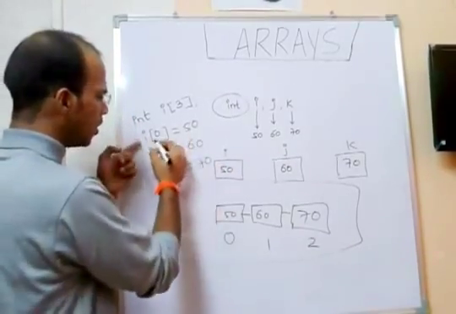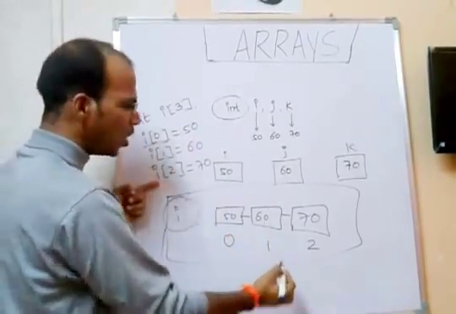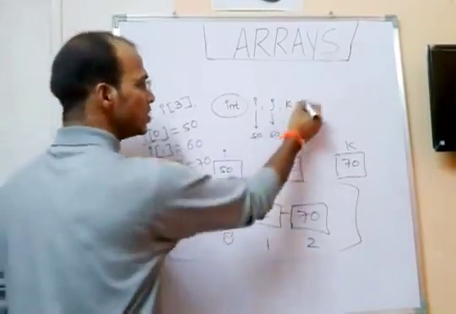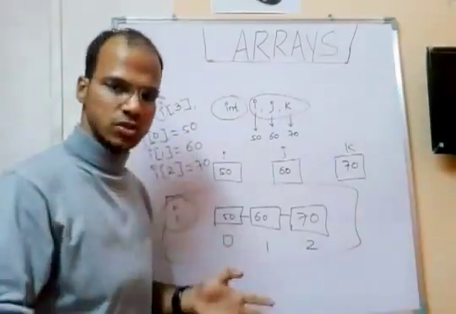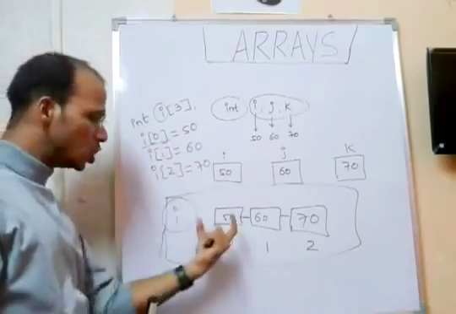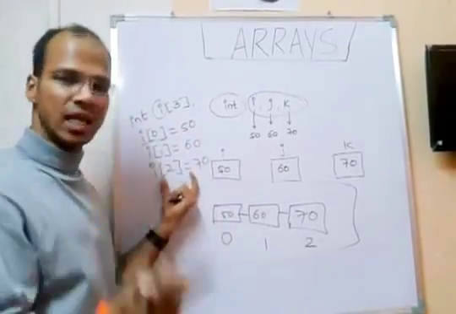That means it's I of 0 is 50, I of 1 is 60, I of 2 is 70. This is how you can use arrays. See, instead of using three different variables, I have used only one variable with three locations. It's 50, 60, 70: 50 in the 0th location, 60 in the first location and 70 in the second location.